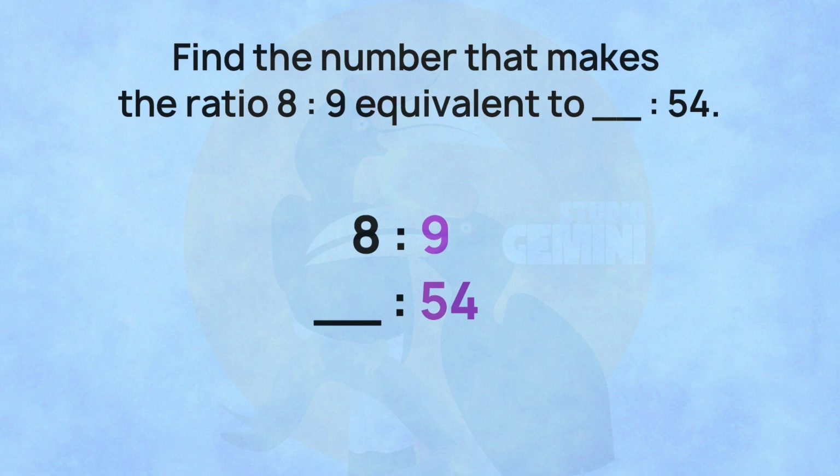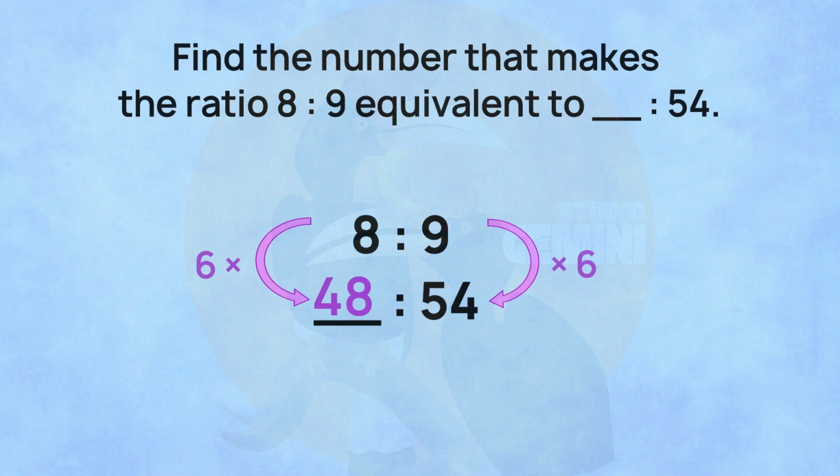We can ask ourselves, what do we have to multiply or divide by to get from our first number 9 to our second number 54? Multiplying by 6 gets us from 9 to 54. This means to find our missing number on the left side, we should also multiply by 6. When we multiply 8 by 6, we get our missing value to be 48. This means the ratios 8 to 9 and 48 to 54 are equivalent.